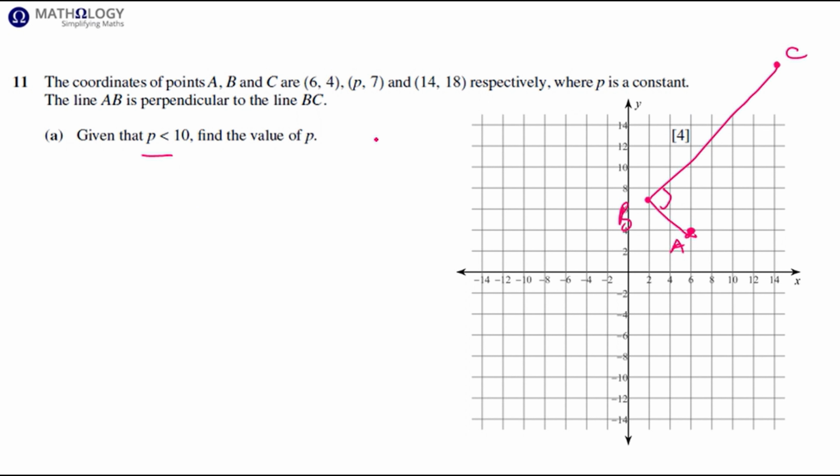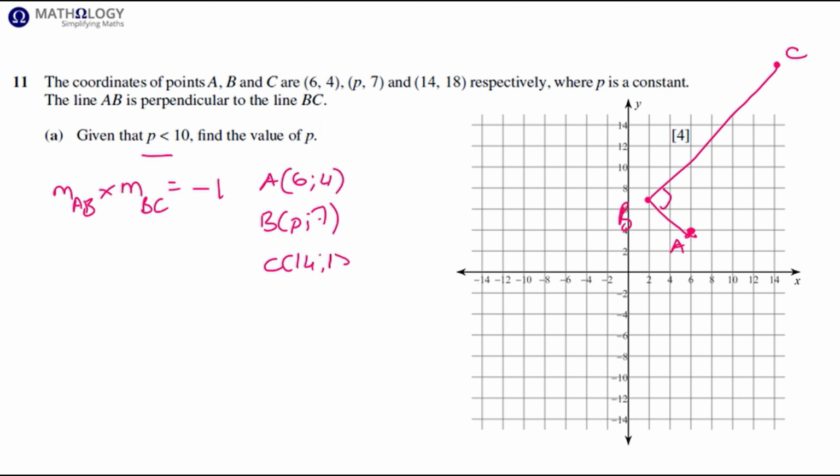What do we know about perpendicular lines? Perpendicular lines, the product of the gradients of those lines is -1. So in other words, the gradient of AB times the gradient of BC is -1. So let's just determine the gradient of AB and BC as a start. A is (6, 4), B is (P, 7), and C is (14, 18).